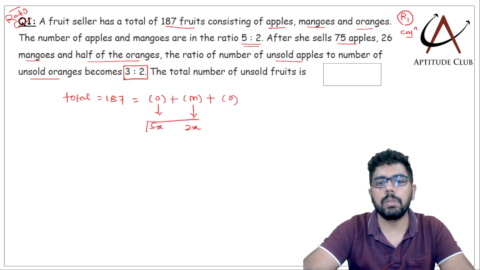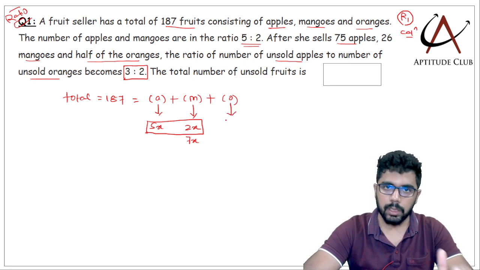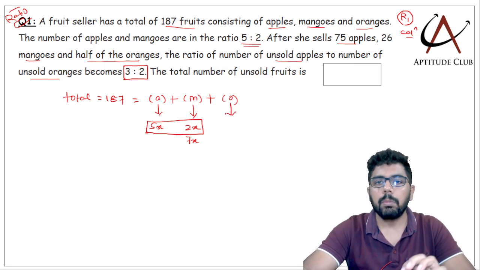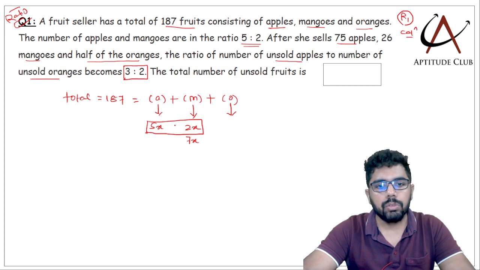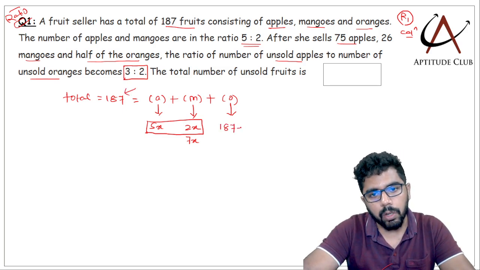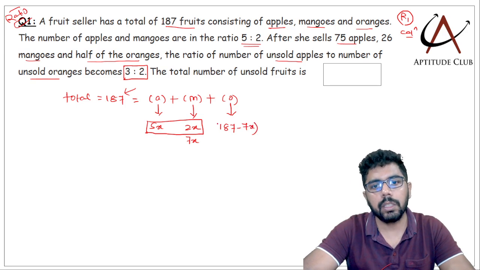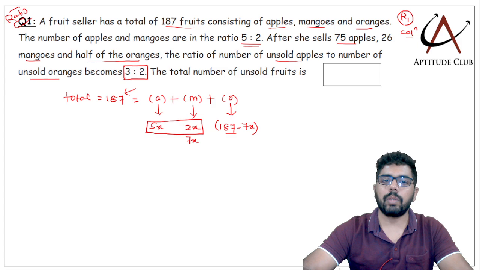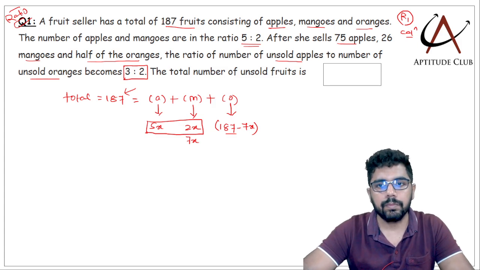So this total becomes 7x. Often people take let the number of oranges be y. Now there's nothing wrong about it, but try and avoid the second variable. So if apple mango total is 7x and total number of fruits is 187, so number of oranges becomes 187 minus 7x. So I kept everything in one variable.